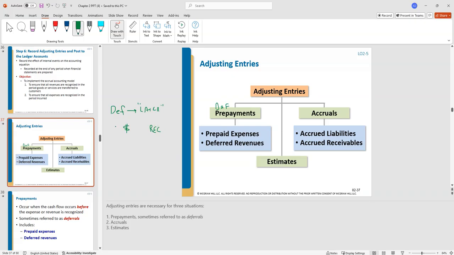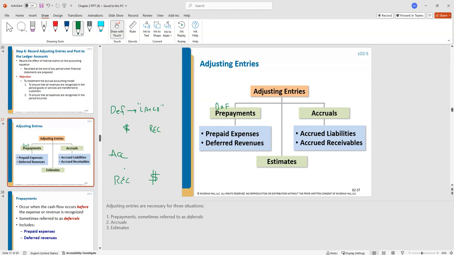So if it was a deferred expense, for example, we would spend the money first, but we would only take the expense later. If it was a deferred revenue, we would get the money first, but we would only recognize the revenue later. The accrueds are the reverse. We will have recognition first, but we will have the cash later.